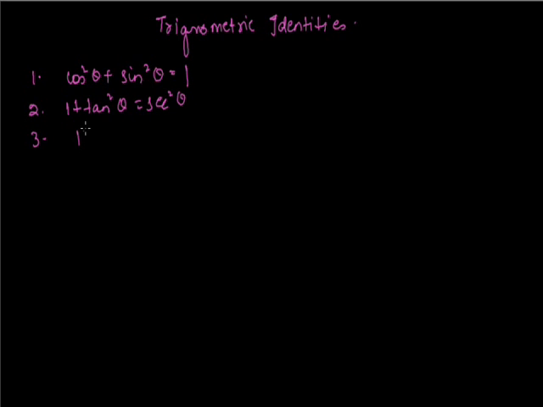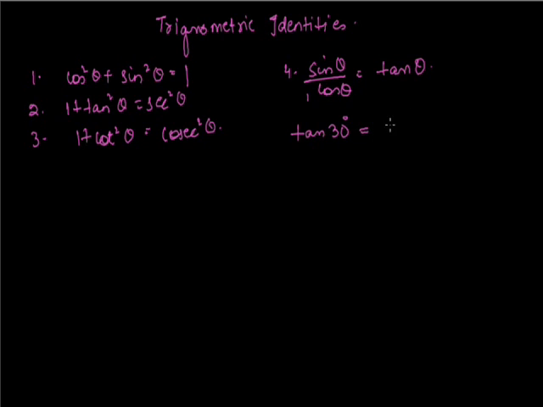Third is 1 plus cot square theta is equal to cosec square theta. Also sin theta upon cos theta is equal to tan theta. From this we can conclude that if I have to find out the value of tan 30 degree, then I can do it by calculating sin 30 degree upon cos 30 degree.